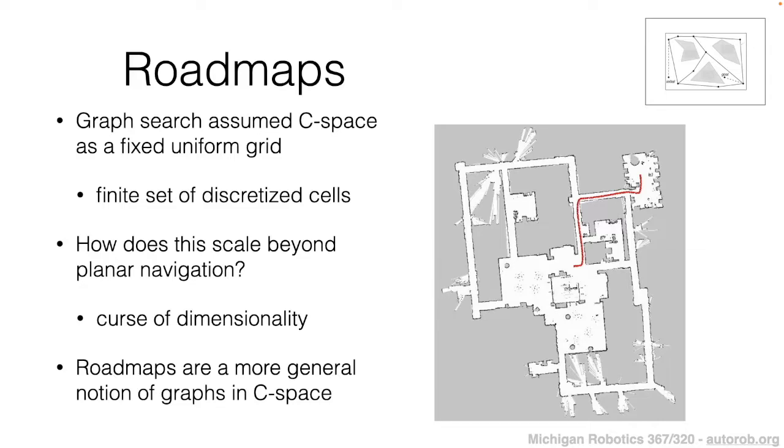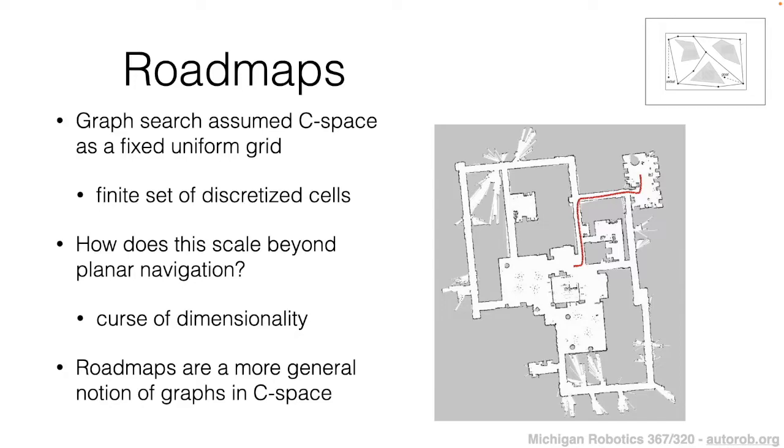One key distinction is that the graph search assumed configuration space could be represented as a fixed uniform grid, where the graph would be represented as a set of discrete cells spaced uniformly throughout configuration space.